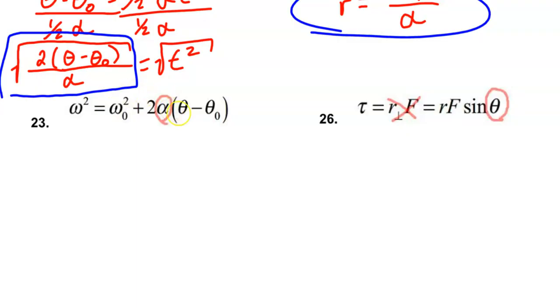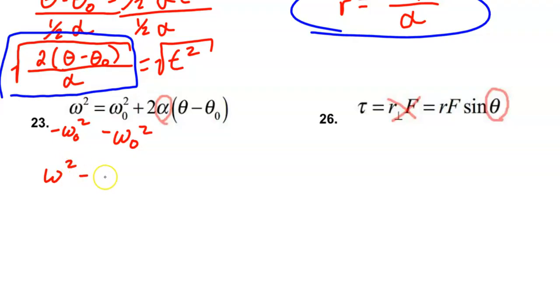Yep, not like terms. I'm going to go ahead and move the omega 0 squared over to the other side by subtracting it. Oh, about to mess up my color scheme. So minus omega 0 squared, minus omega 0 squared.